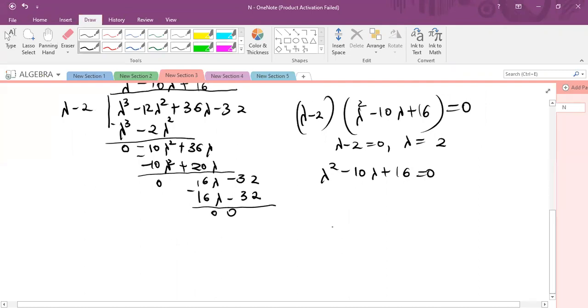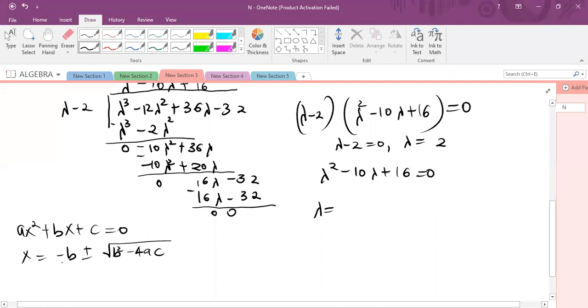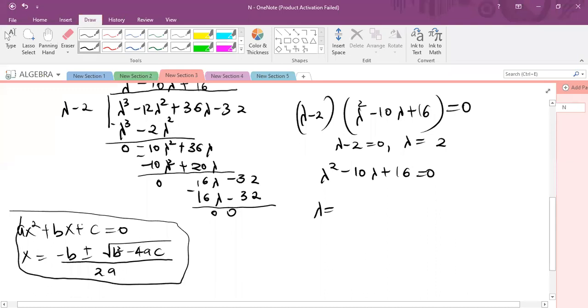Let me write it down here. If you have a quadratic equation, let's say ax squared plus bx plus c is equal to 0, then x is given by minus b plus minus the square root of b squared minus 4ac, all this divided by 2a. So this is basically the quadratic formula.